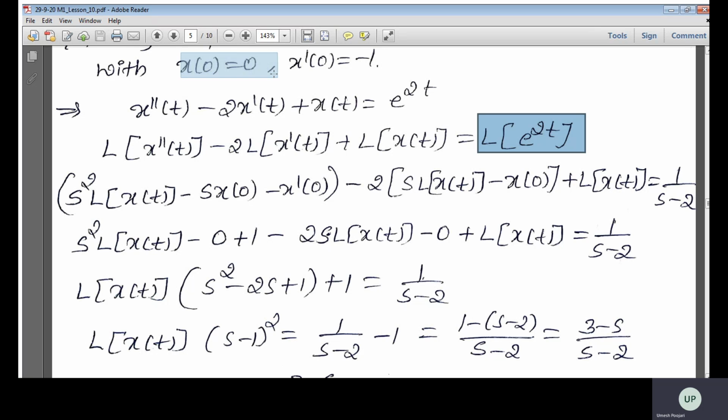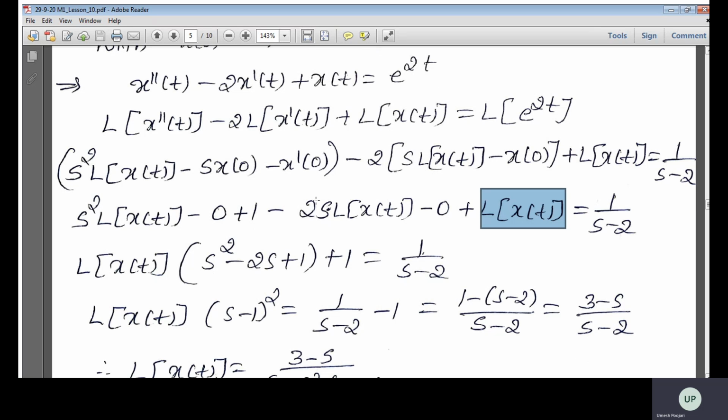We shall substitute these two conditions here. x of 0 will be 0, x dash of 0 is minus 1, so minus into minus gives plus 1. And here also, minus 2 times s into L of x of t minus x of 0, which is 0, plus the last term as it is, L of x of t, equal to 1 divided by s minus 2.